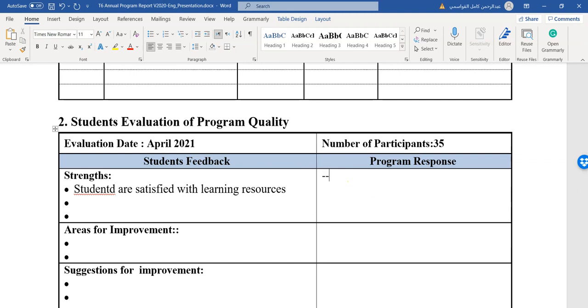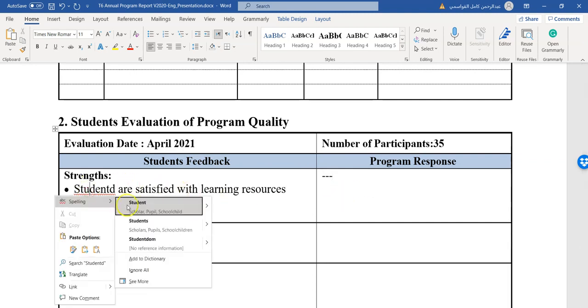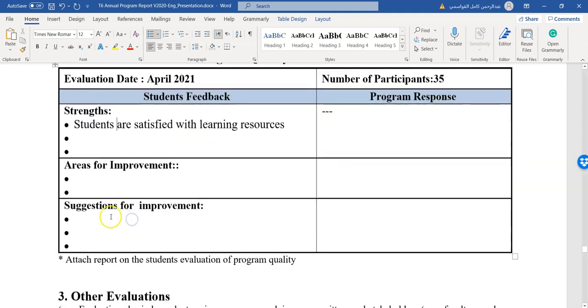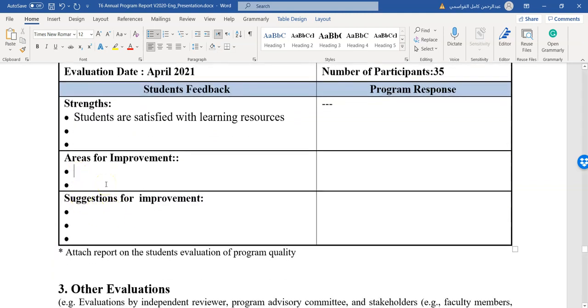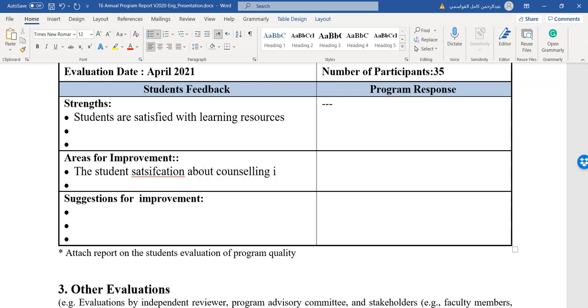No response, no program response. Areas of improvement, for example, the students' satisfaction about counseling is low.